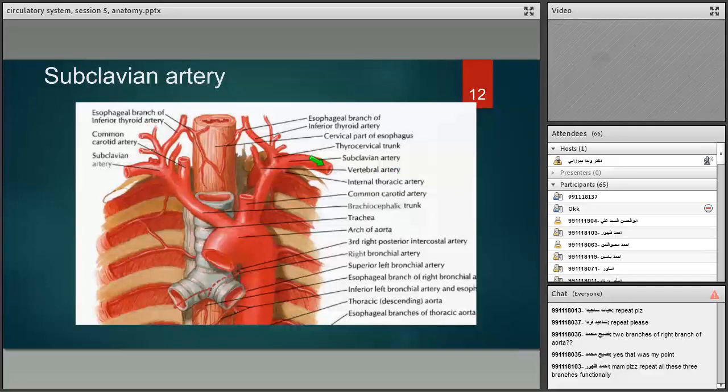The subclavian artery also has other branches, like the thyrocervical trunk, which is sending branches to the thyroid gland and also to the neck.